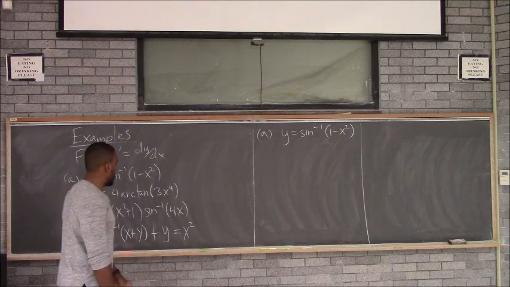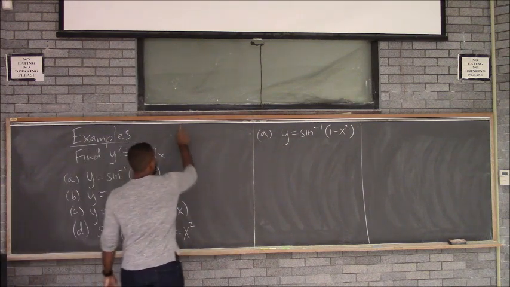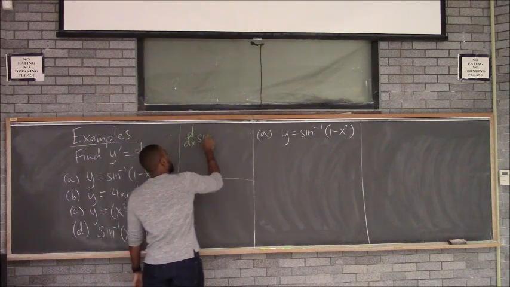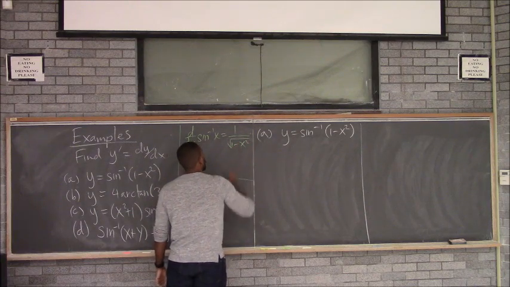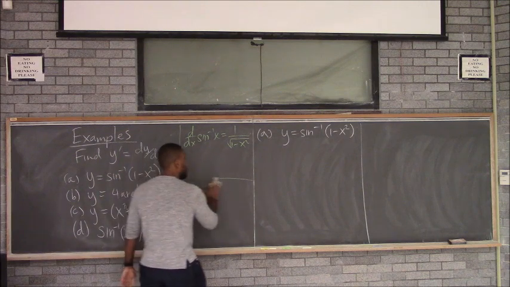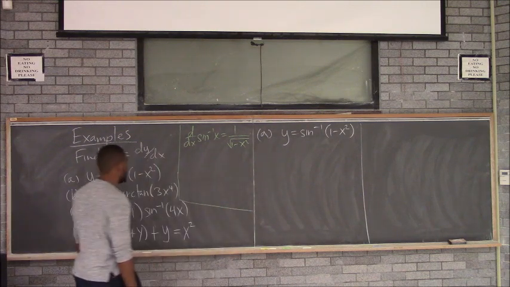So, we just learned them, so for reference, let's just put the rules up here. Remember that the derivative of the sine inverse is 1 over the radical of 1 minus x squared. Maybe I would even expand this a little bit, which will actually make these a lot easier.